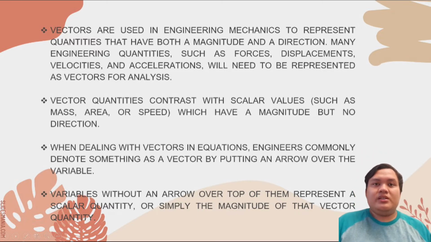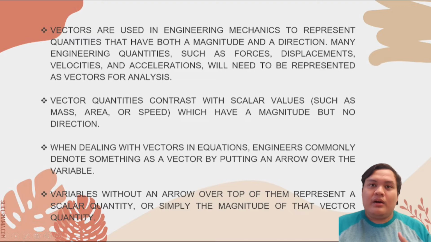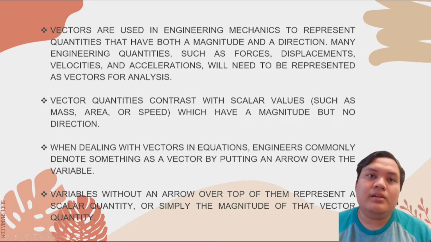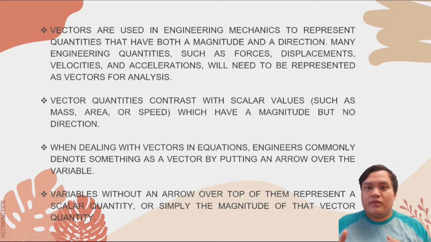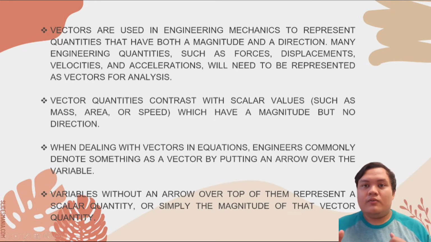Vector quantities contrast with scalar values such as mass, area or speed, which have a magnitude but no direction. When dealing with vectors in equations, engineers commonly denote something as a vector by putting an arrow over the variable. Variables without an arrow over the top represent a scalar quantity, or simply the magnitude of the vector quantity.